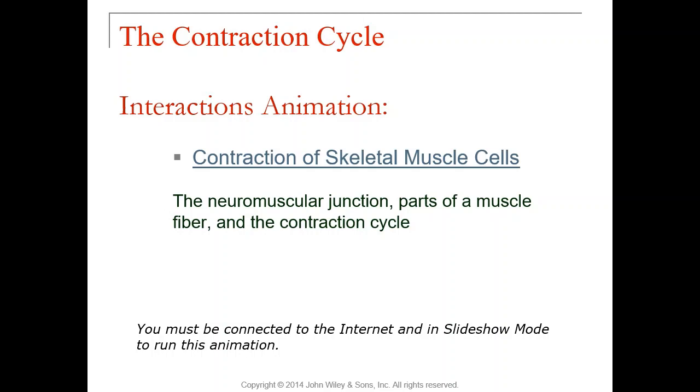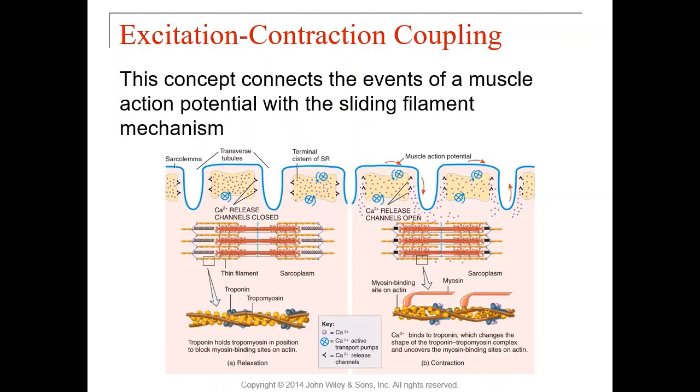One more time. Myosin heads hydrolyze ATP to form the cocked position. Then they bind actin, forming the cross bridge. Then they pull actin towards the M line in the power stroke. And then they bind ATP to release actin. Then repeat.